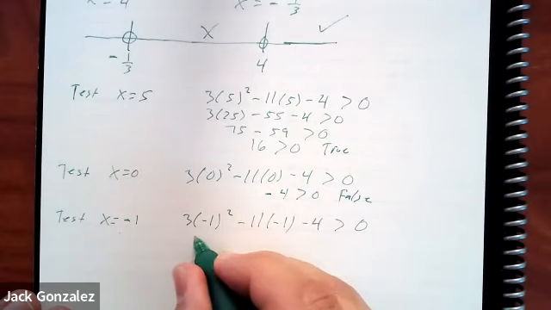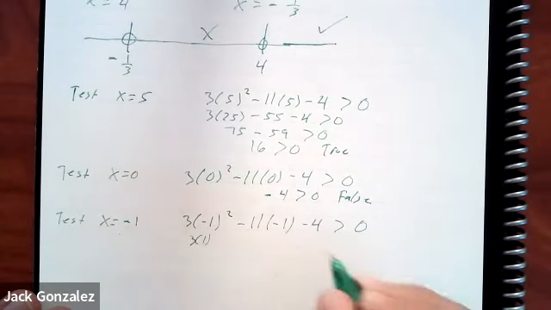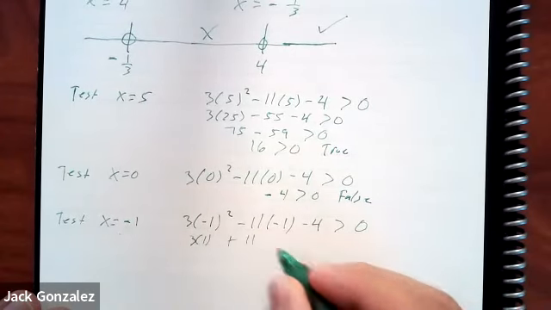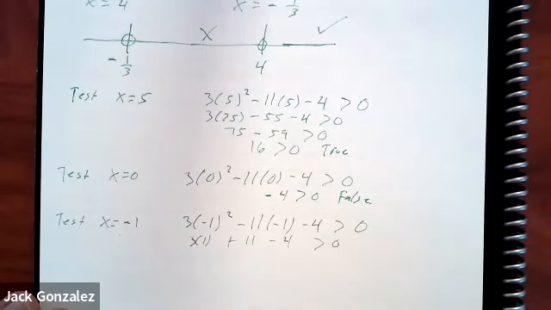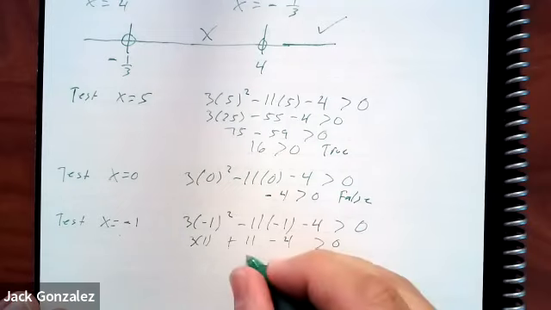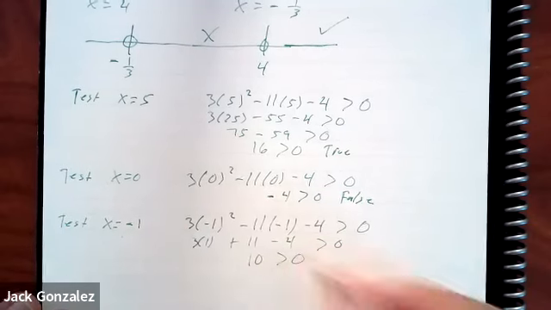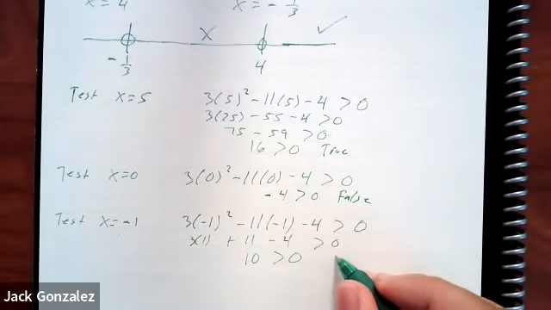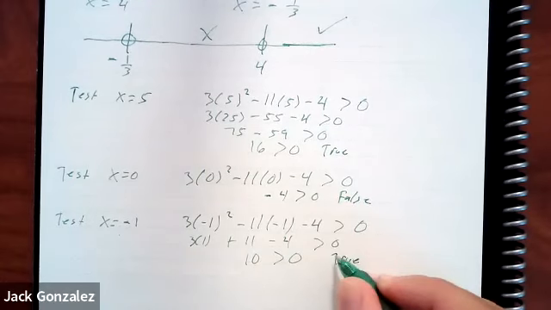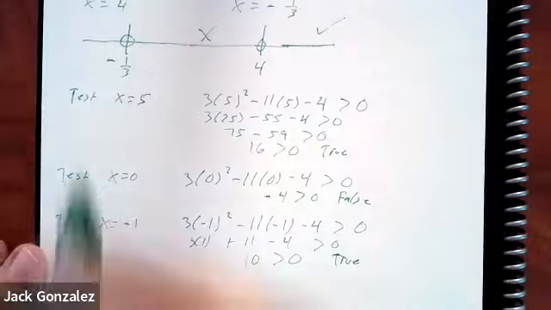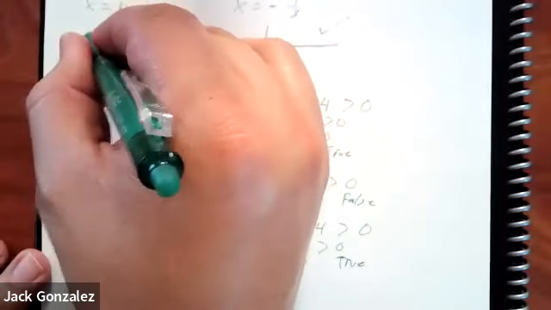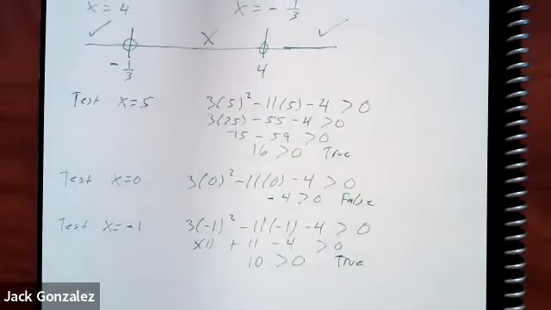This will be 3 times 1 plus 11 minus 4. That's 10? Okay. So we're cool below -1/3 and above 4.